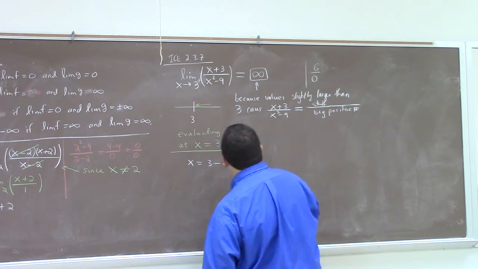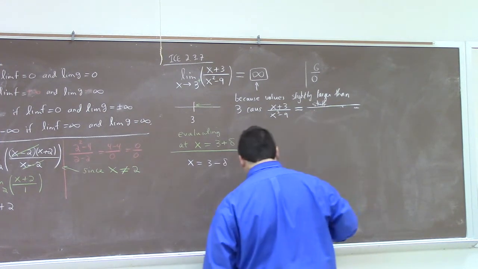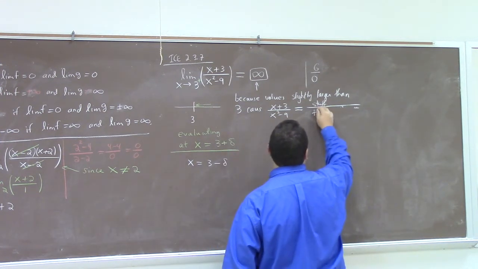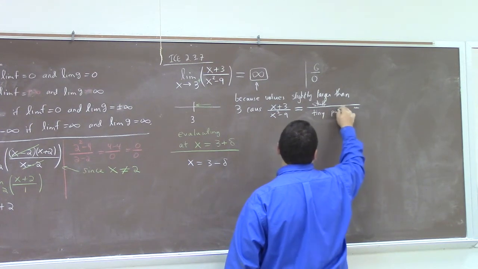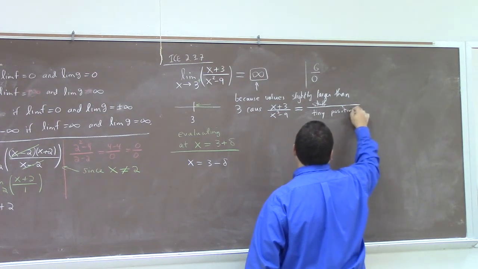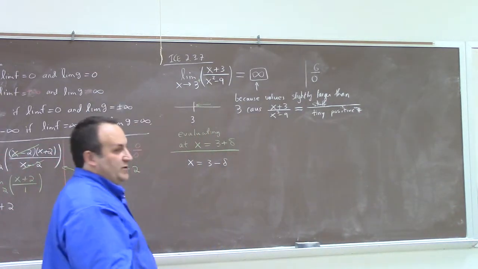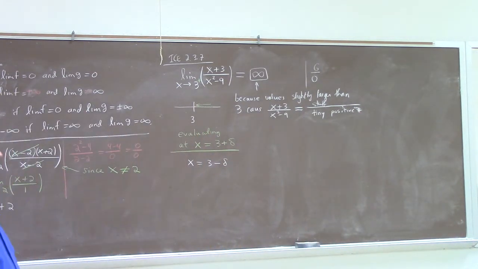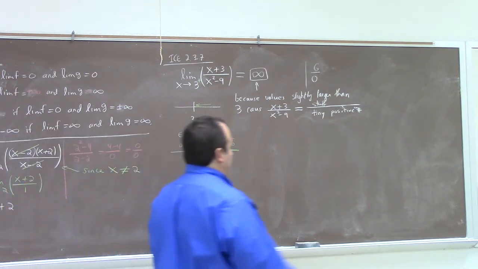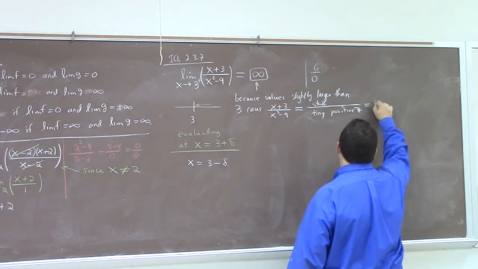Exactly the opposite of what I wanted to say: tiny positive number. 1 over a tiny positive number is huge, right? This is very bigly. Huge.